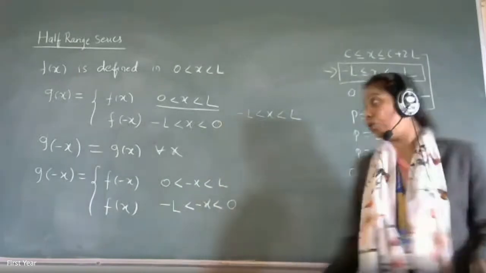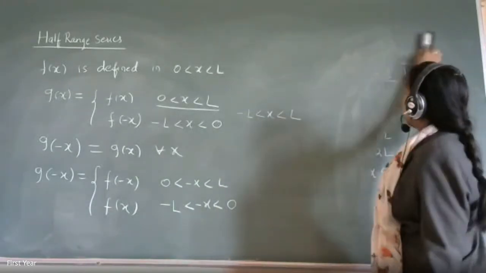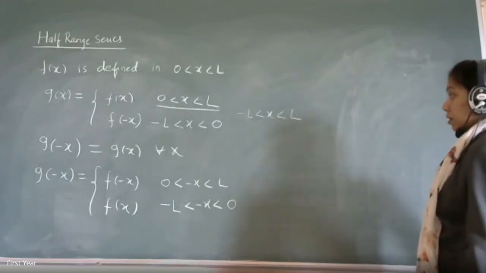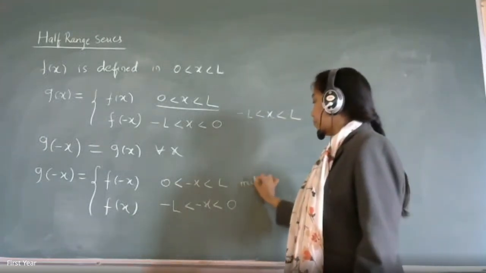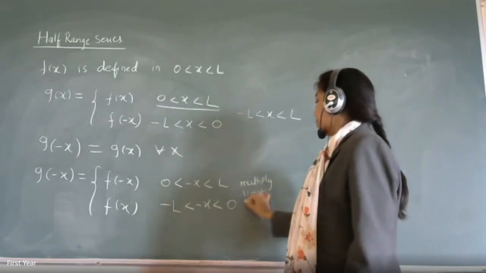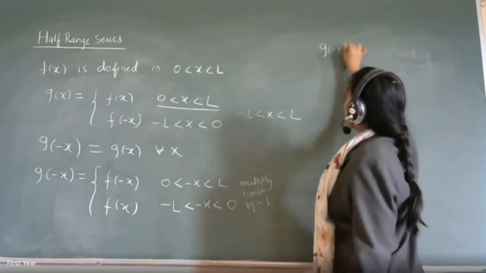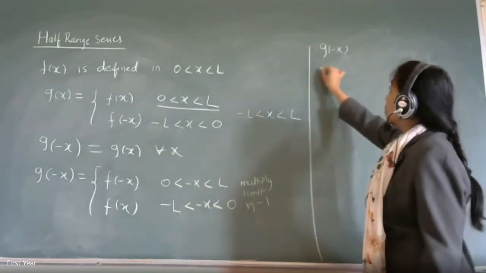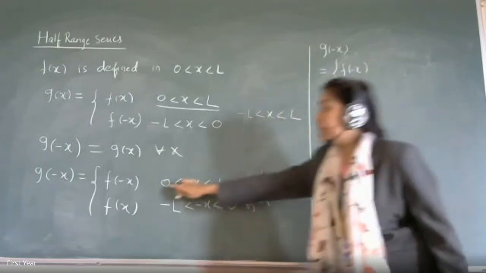Yes, ma'am. Yeah, so let me write that down and show you how it becomes. So multiply the limits, only the limits, by minus. What I get, g of minus x will become equal to f of minus x, and I'm multiplying by the minus sign.